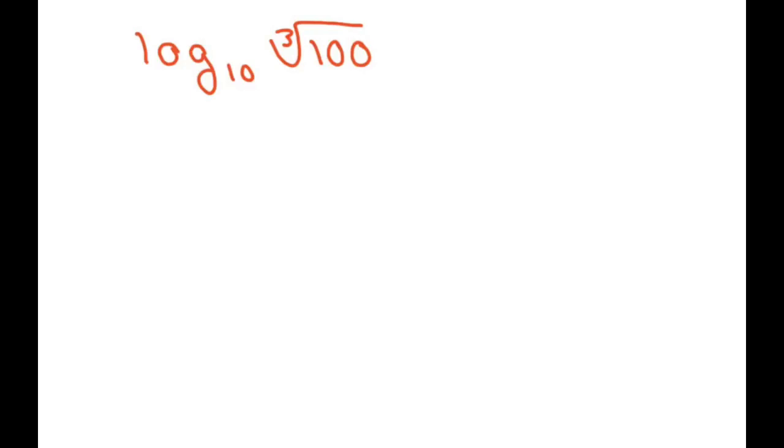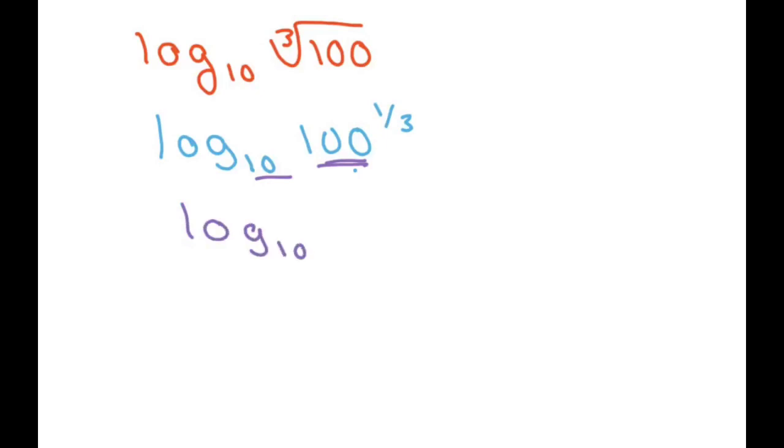And we do the same thing here. I'm going to write this as log base 10 of 100 to the 1/3. I wrote it in the rational form. I want the same base here, so I'm going to write this as 10 squared. Log base 10 of 10 squared times whatever's in your exponent, which is 1/3.